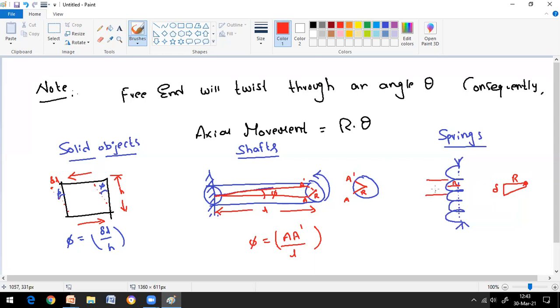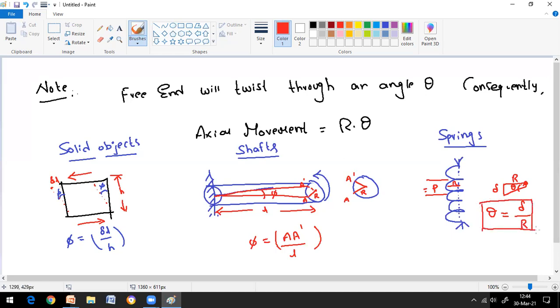This is the pitch, and the pitch will try to reduce, which we call the deformation of the member. Here the angle of rotation takes place. So theta is the shear strain here, which can be defined as displacement with respect to the radius of the member.